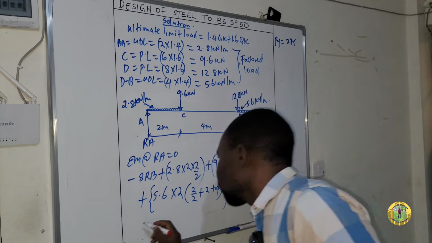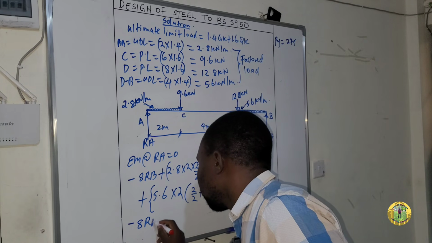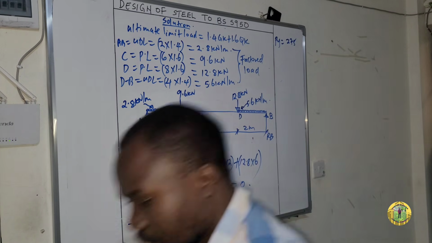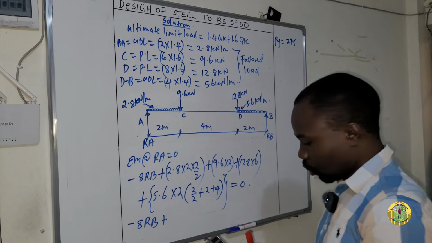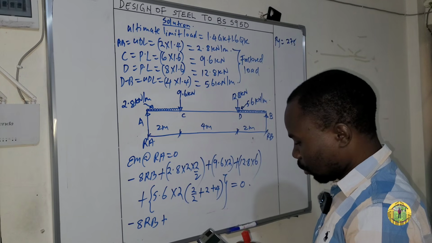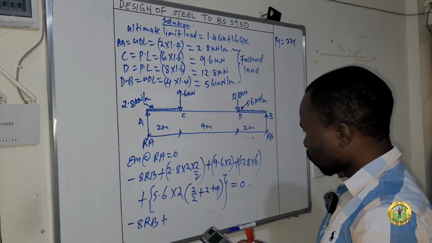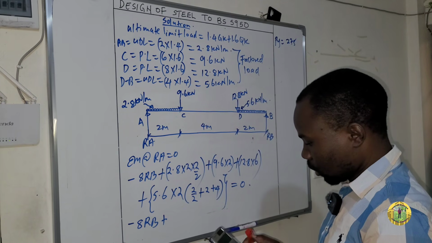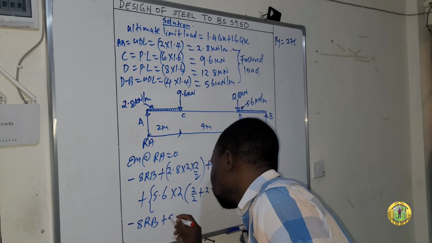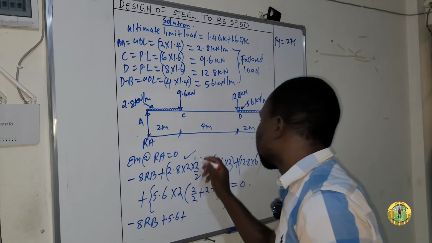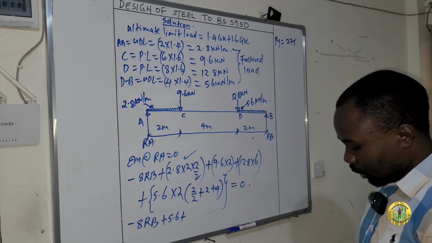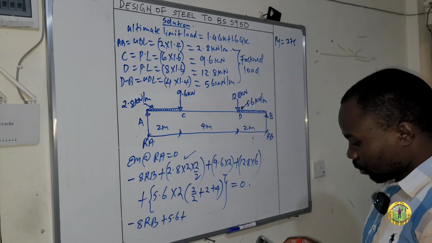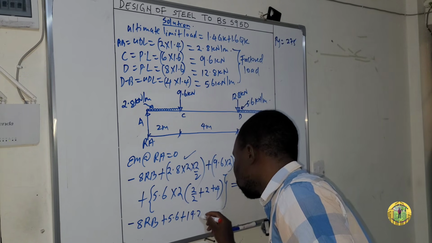Now we can simplify this expression and obtain RB. So we have minus 8 RB plus 2.8 times 2, yes, times 2 because this will cancel with this. So this is 5.6, plus, so this one is done. Now you come to 9.6 times 2, so this is 19.2. Done.